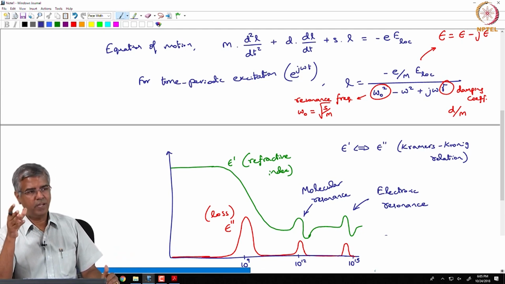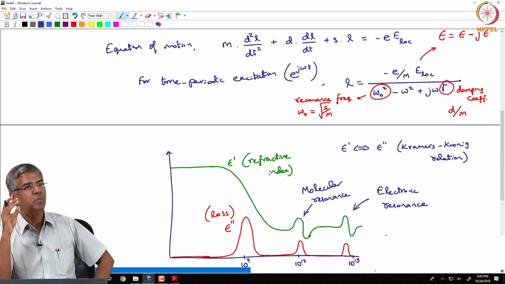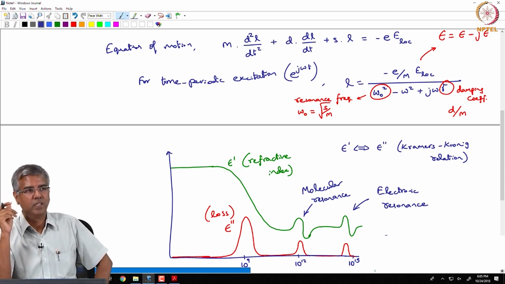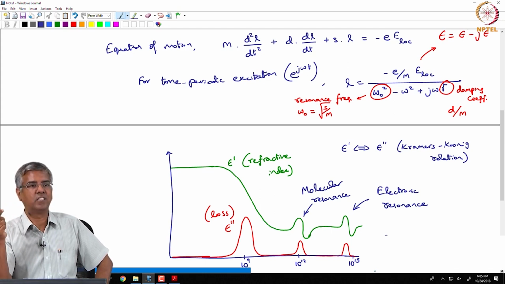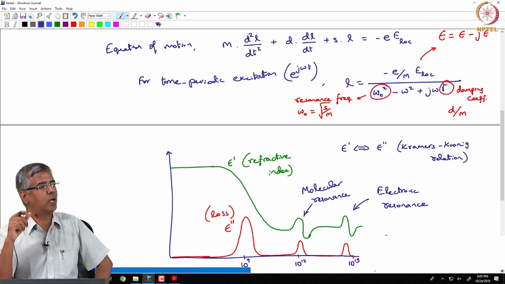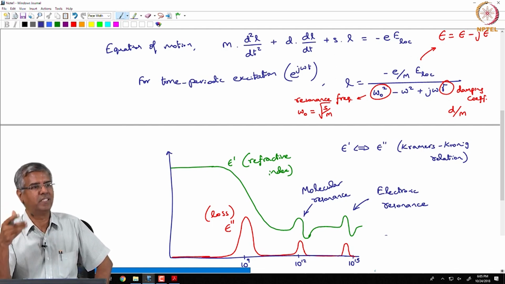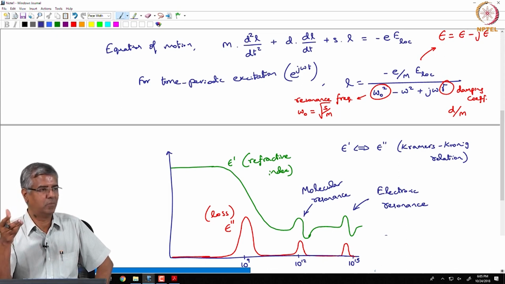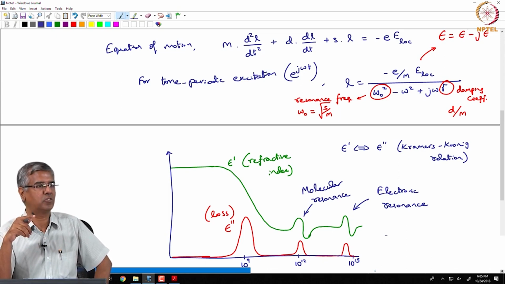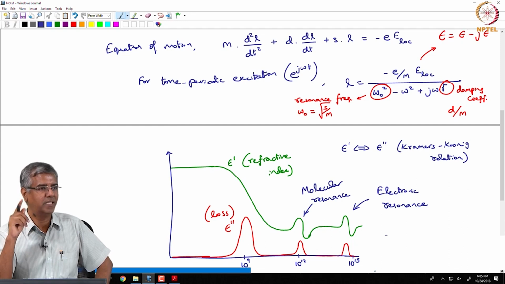Remember when we talked about atomic levels, and we said these atomic levels could be signatures, or the absorption spectrum can actually be a signature of a particular molecule. We talked about absorption spectroscopy. Remember that?